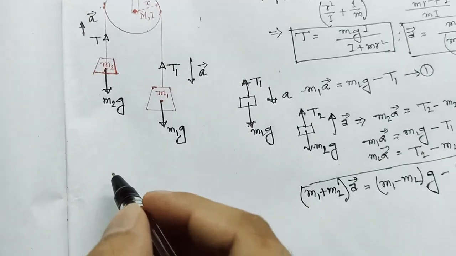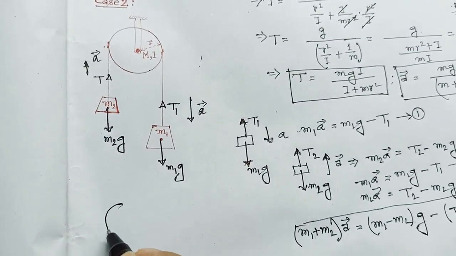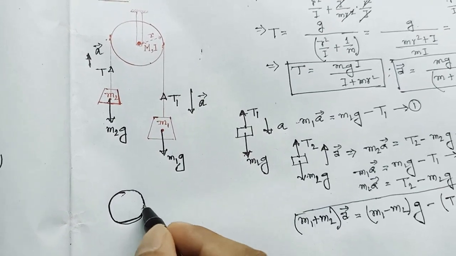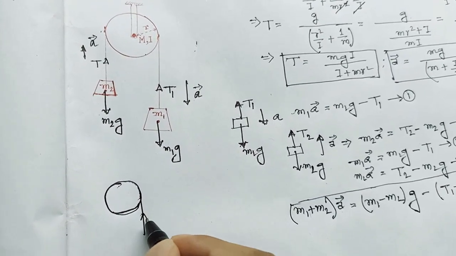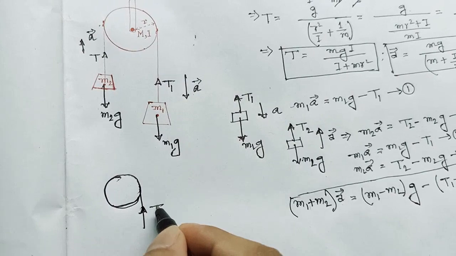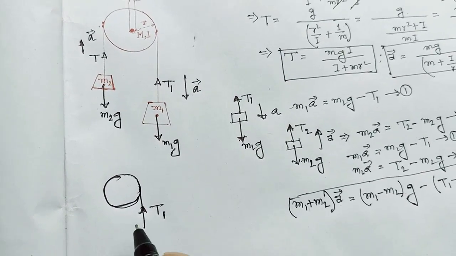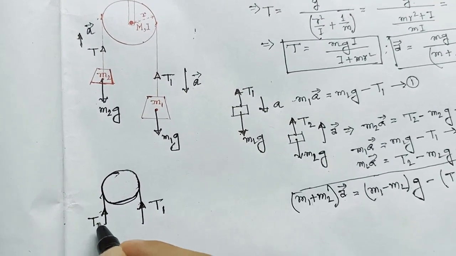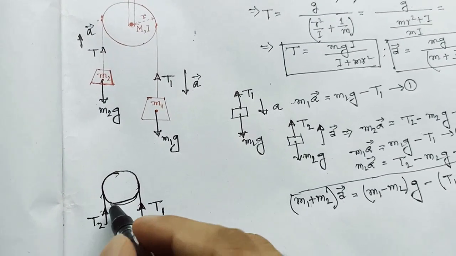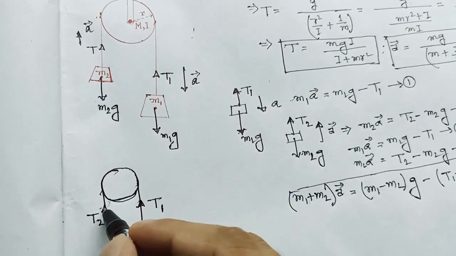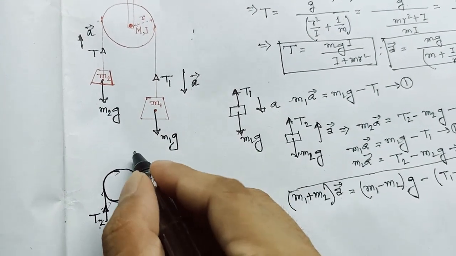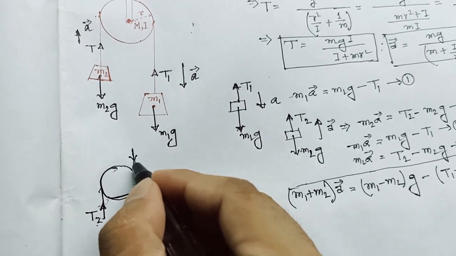Now we'll consider the equation for the pulley system. If we draw the diagram of the pulley, this is our pulley. As we see, the tension on the left side and on the right side act in these directions.